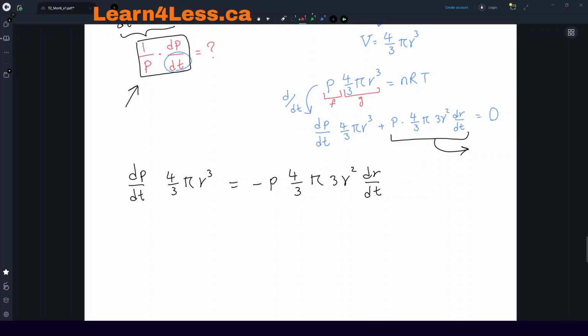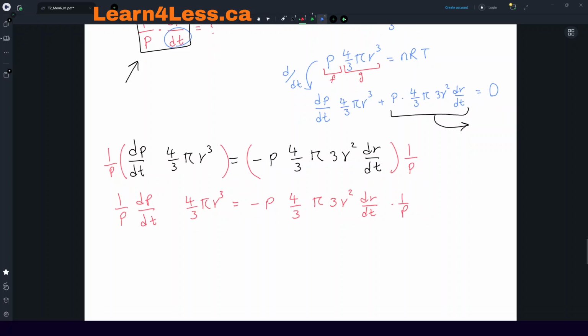If I multiply both sides by 1 over p, on the left hand side, I would get 1 over p dp over dt 4 over 3 pi r cubed, and on the right hand side I would get negative p 4 over 3 pi 3 r squared dr over dt times 1 over p.